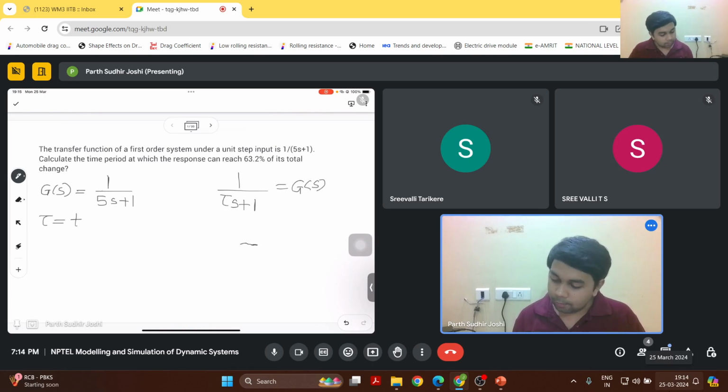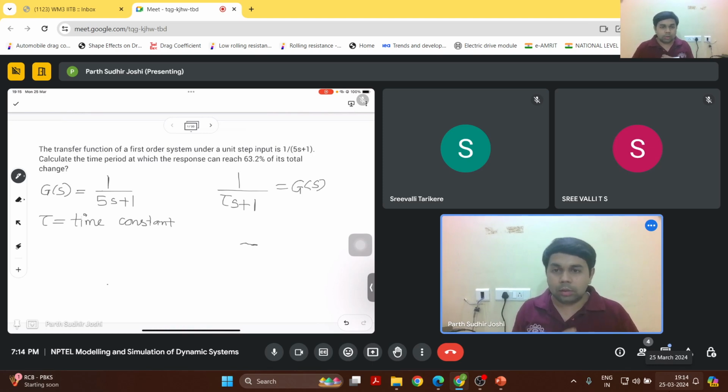And the time constant is basically the time required to reach 63.2% of its steady state value.